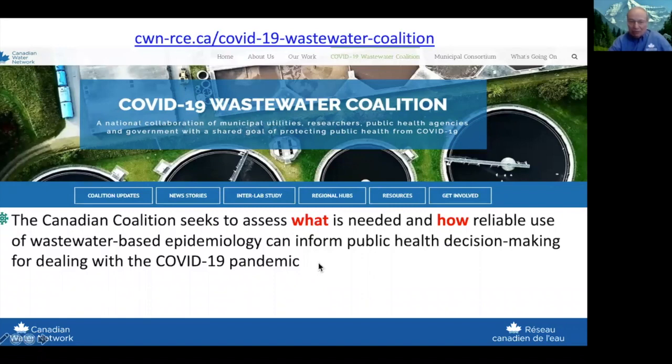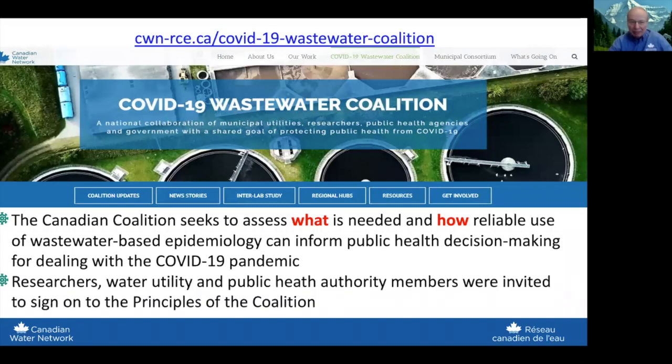The idea was to have something to knit researchers and users and the public health sector together about what's needed and how we might explore wastewater-based epidemiology that could be used to inform public health decision-making during the pandemic. The first step in launching this was to set up an option for researchers and water utilities and public health authority members to sign on to a set of principles.